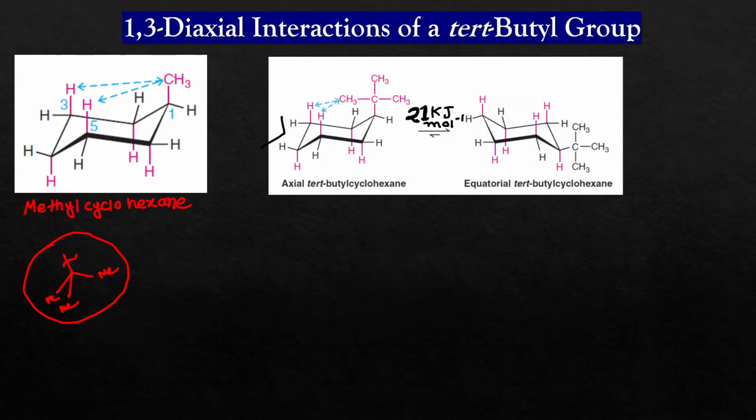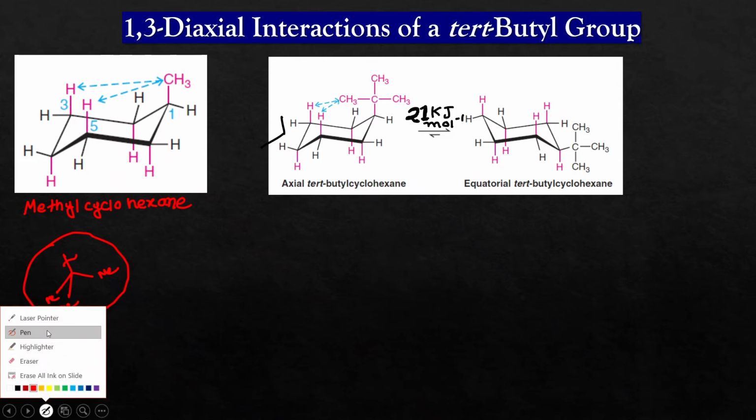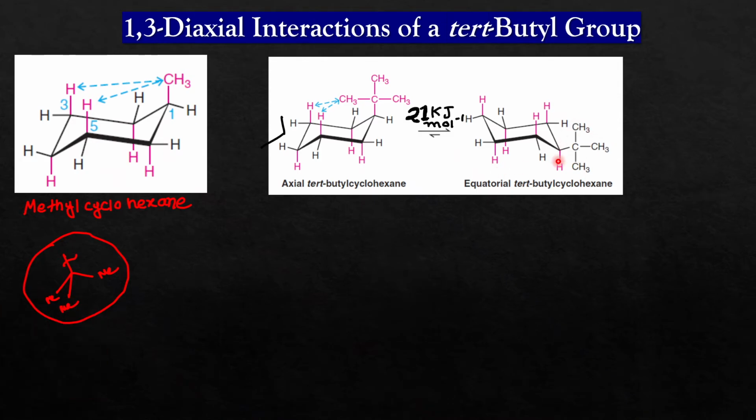Now if you draw the structure of tert butyl cyclohexane, this is the configuration where the tert butyl group is at the axial position, and this is the configuration where the tert butyl group is at the equatorial position. Same scenario, instead of methyl group, we are showing the tert butyl group.